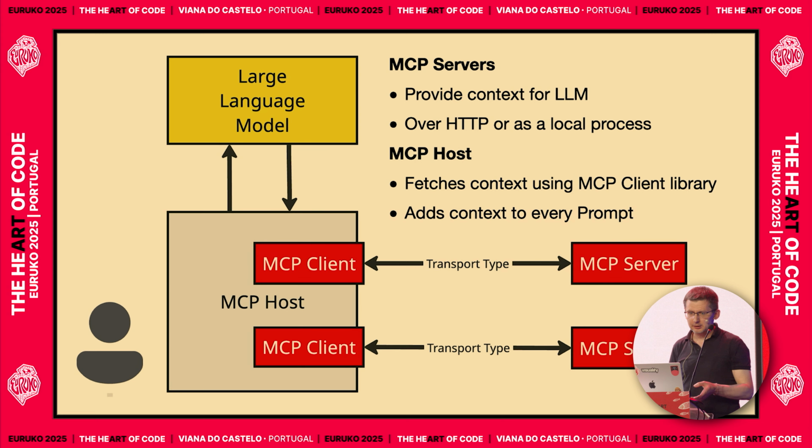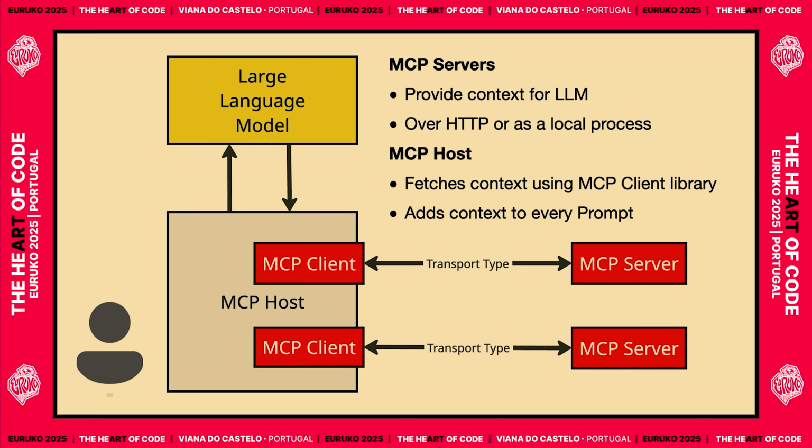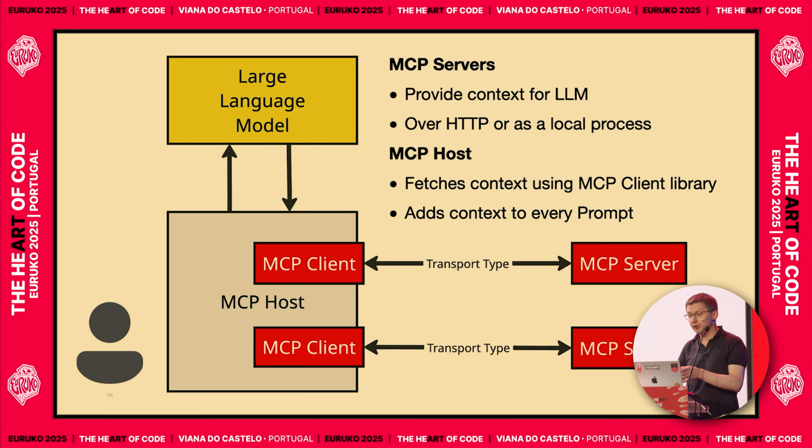In some cases, as Jose mentioned, a server may run on the same machine as the host, and then they communicate over standard input-output. But it's not the case for us today. I'm going to talk about the HTTP connection. So the MCP host fetches context using MCP client libraries. And every time this host sends a prompt to the LLM, it adds the context loaded from the server.